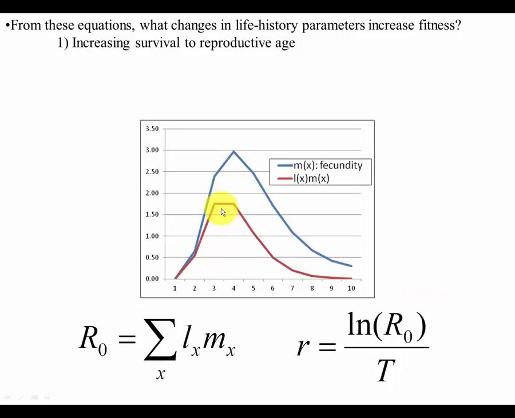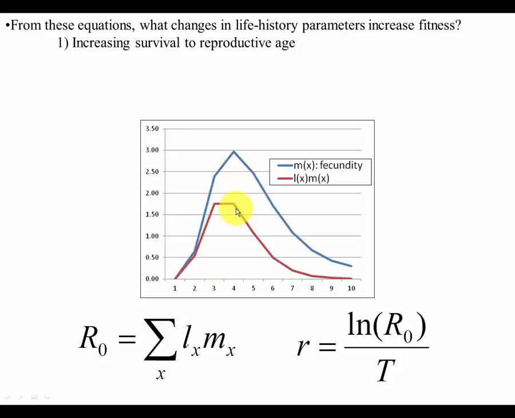One thing that is very interesting here is that this contribution to lifetime reproductive fitness drops off over time. The importance of making it to a certain age is basically proportional to how much of this curve you haven't gotten to yet. So there's very strong selection for making it from age 0 to age 1, because all of your reproductive capacity is in front of you.